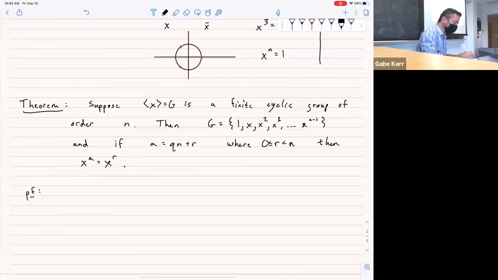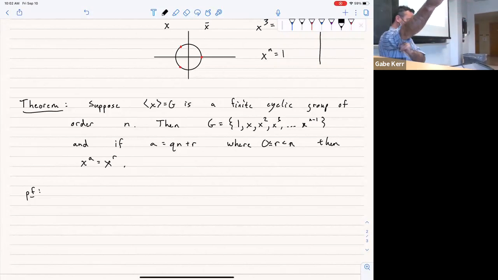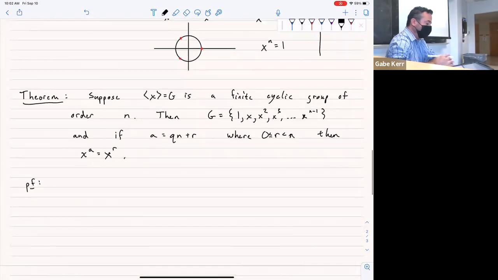So let's see the proof. Well, what we know is that at some point, X to some power is going to be 1. Why do we know that? Someone can tell me.